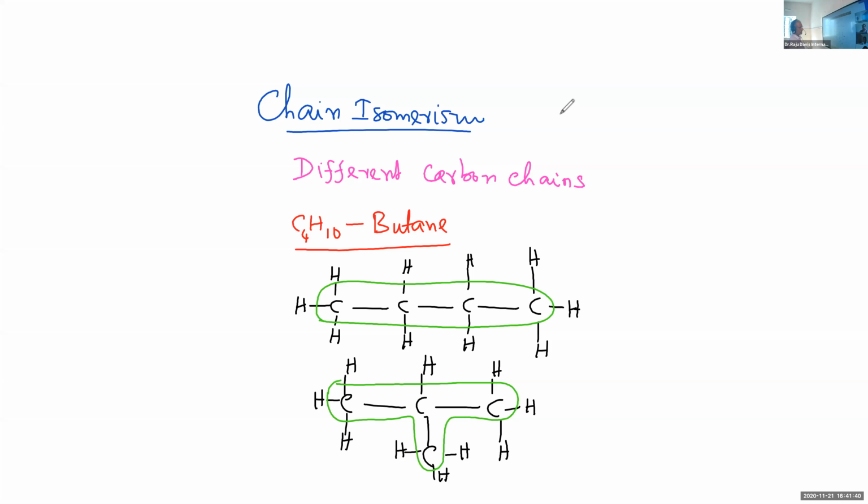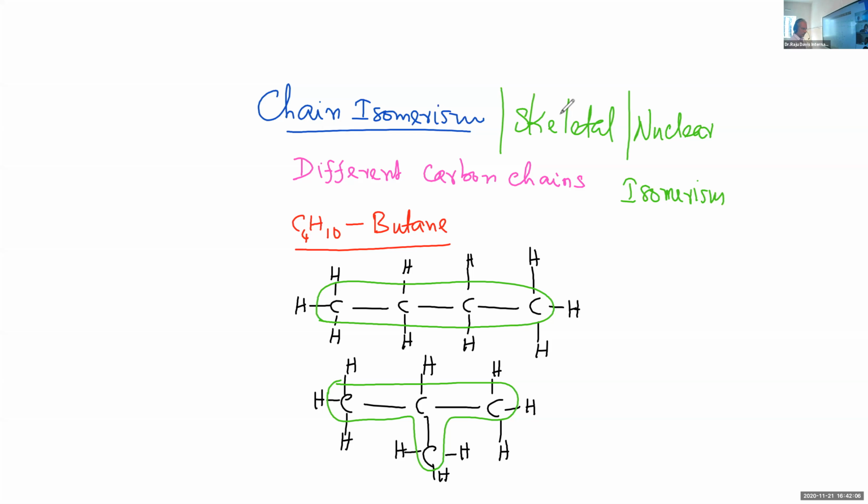Carbon skeletons are different. This type of isomerism is called chain isomerism. It is also called skeletal isomerism. It is also known as nuclear isomerism.